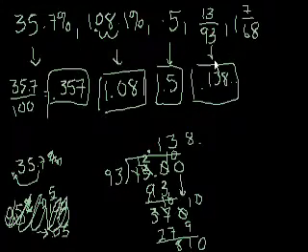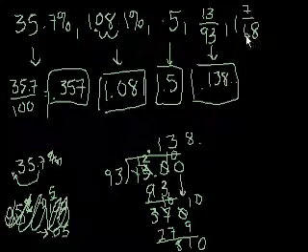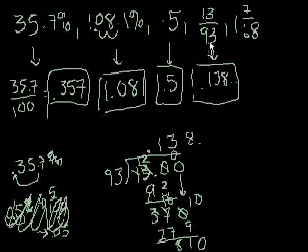And then finally, we have this mixed number here. There are two ways. The easiest way to convert a mixed number into a decimal is to say this is 1, and then some fraction that's less than 1. Or we could convert it to an improper fraction and then convert that into a decimal.